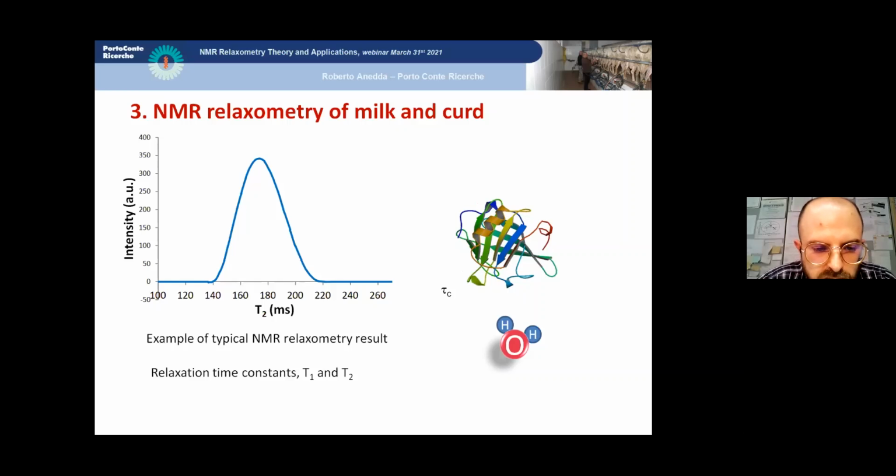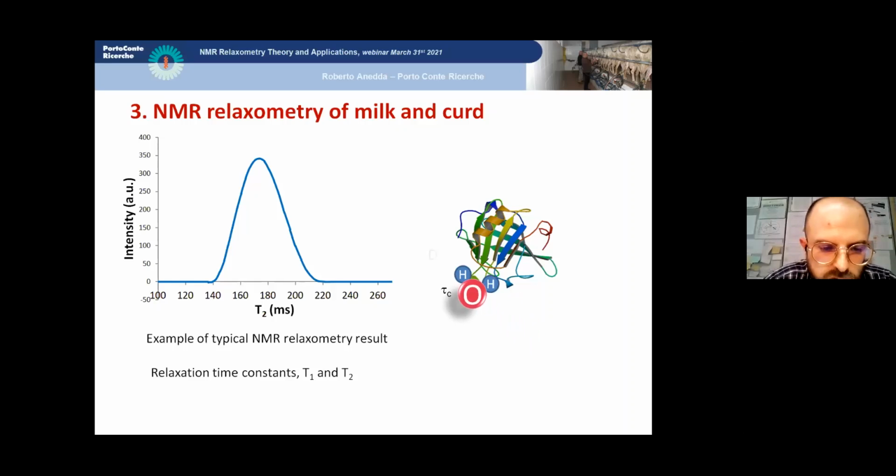This is described by the correlation time of a molecule, tau c, which can be studied by NMR. This allows us to study, for example, proteolysis or protein aggregation or other structural changes that occur in milk during treatments.